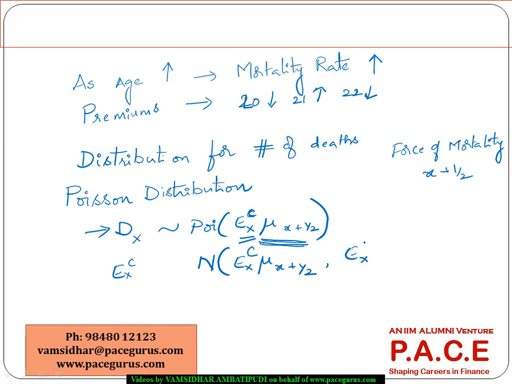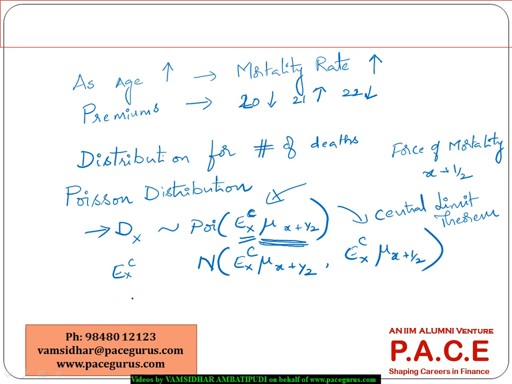If I'm going with the central limit theorem assumption, the Poisson distribution will approximate to a normal distribution under this kind of scenario. So in general, if I am assuming that the deaths follow a Poisson distribution, I can model the deaths at age x as a Poisson distribution with lambda as the central exposed to risk multiplied by the force of mortality at age x plus half.